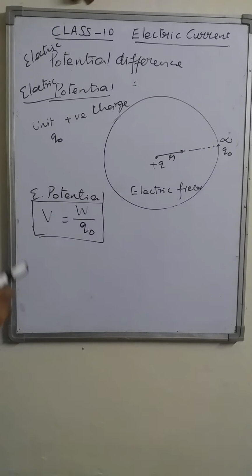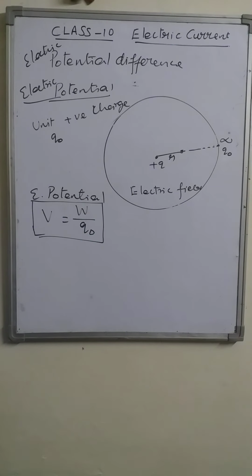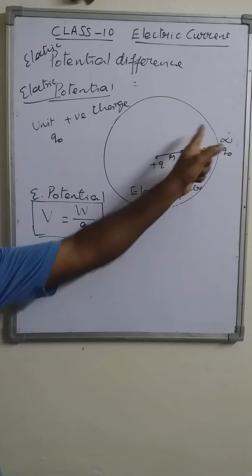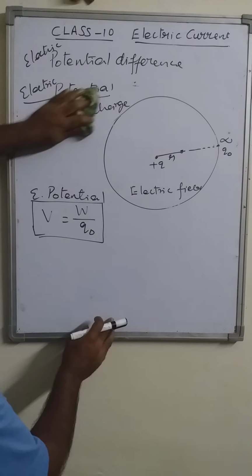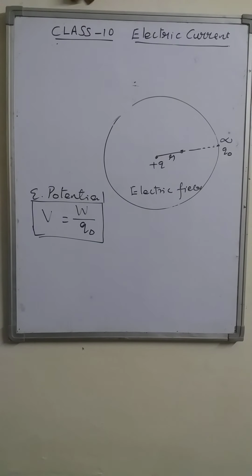So around any given charge, work must be done to bring any other charge from infinity to a particular point inside the electric field. But the work done is not the same.